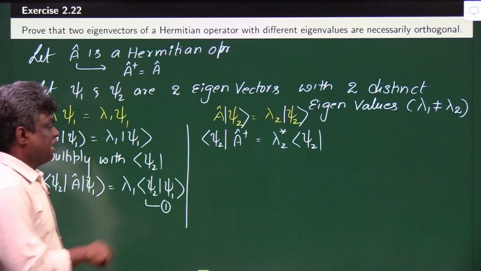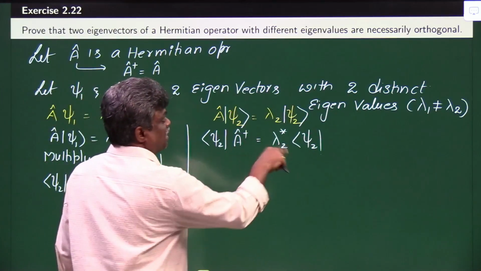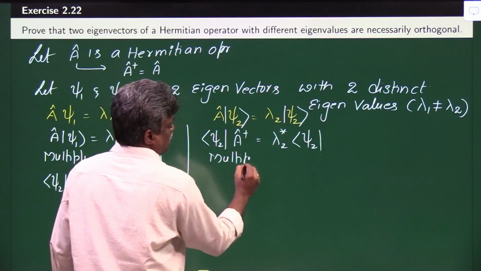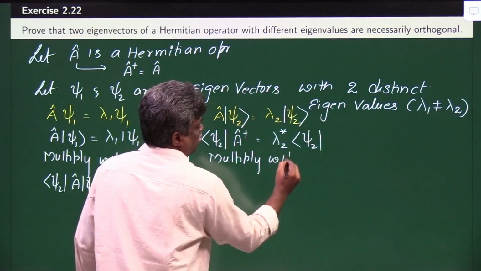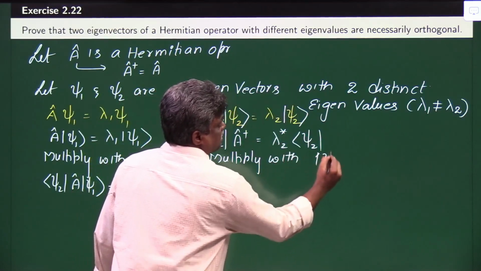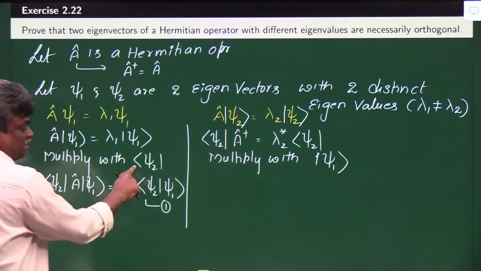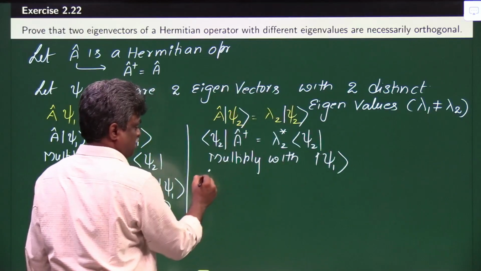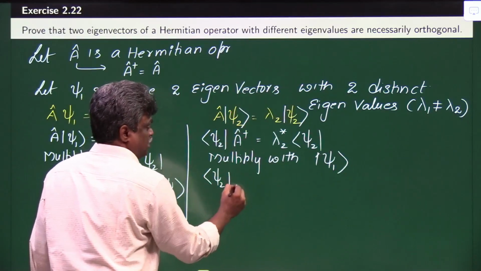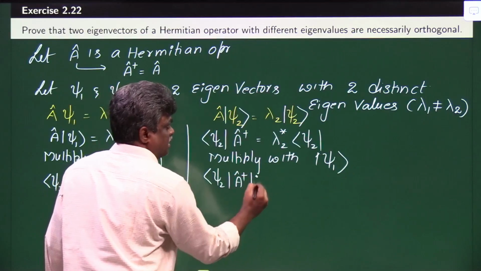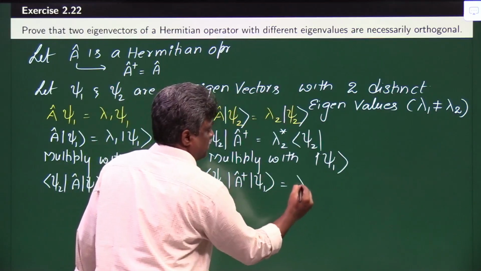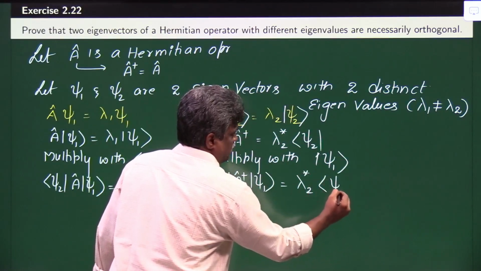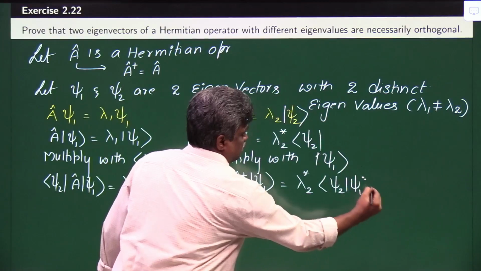Now I am multiplying with ket psi1 on the right side. Here I multiplied with the bra psi2 and here I multiplied with the ket psi1. So bra psi2 A dagger ket psi1 equal to lambda2 star, and this is bra psi2 ket psi1.